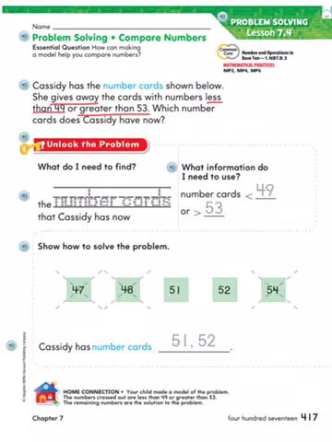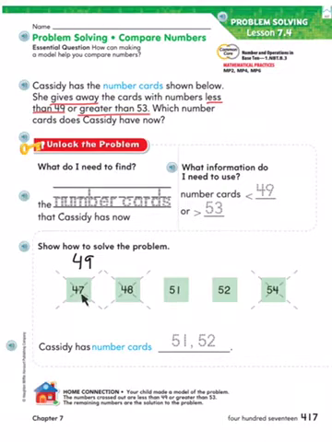So when I'm looking at this first number, I think to myself, is 47 less than 49? So 49, let me just write this here, 49 has 4 tens, 47 has 4 tens, 49 has 9 ones, 47 has 7 ones.